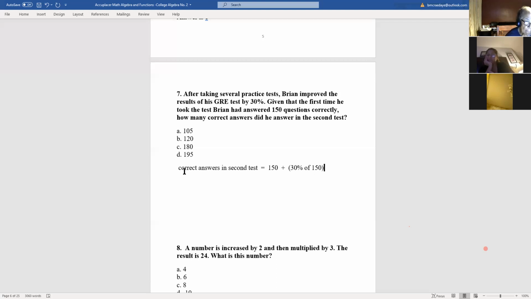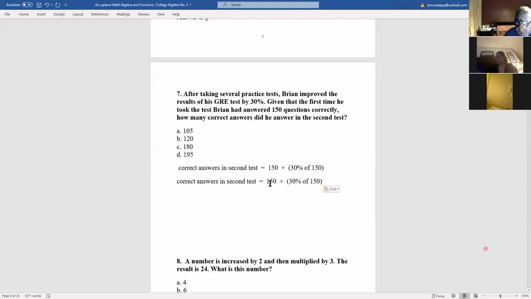So you know the answer. What's 30% of 150? Convert the 30% to a decimal. Let me just write it here. That's 150 plus 30% of 150. When I say of, that's a multiplication.